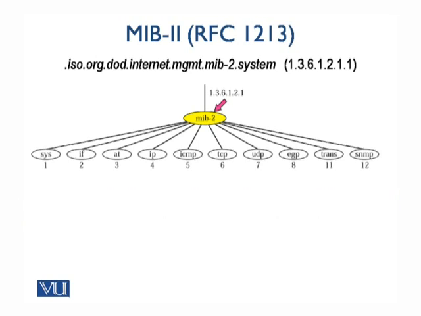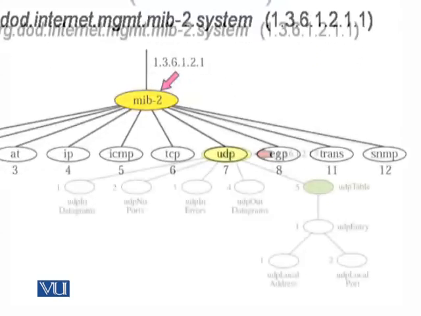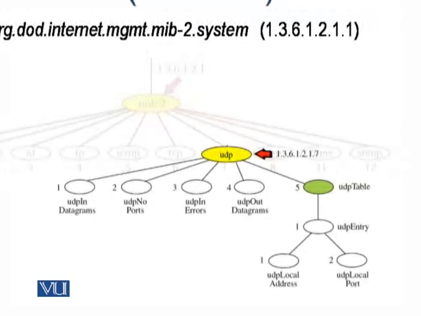At this hierarchy, if we zoom in, for example, into UDP, UDP itself is 1.3.6.1.2.1.7. And beneath this, we have other levels of objects. And these are defined if we look inside a MIB.